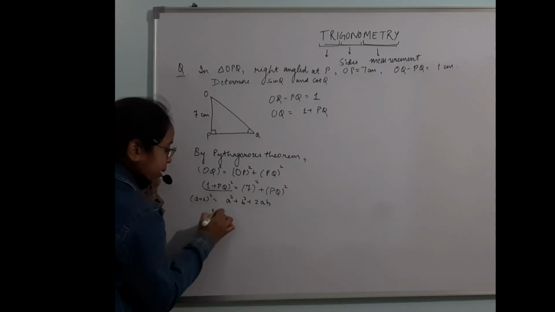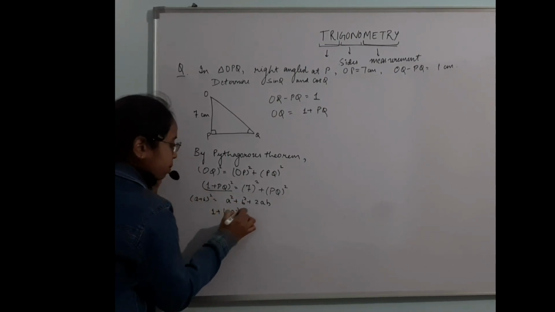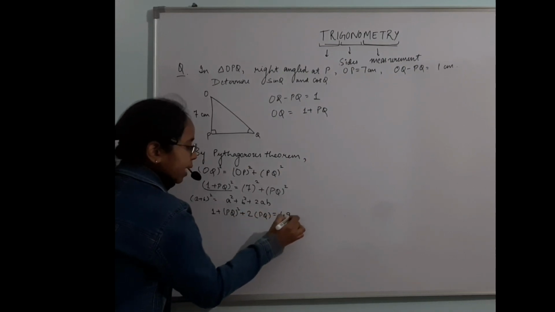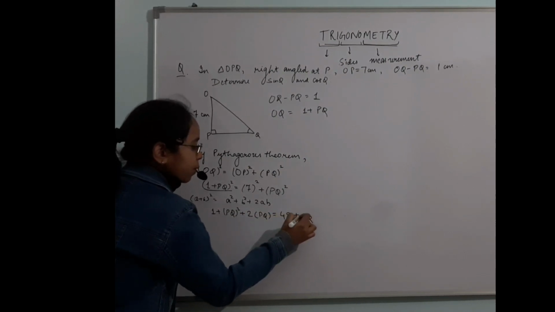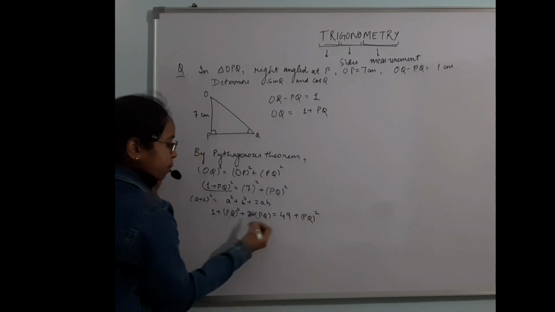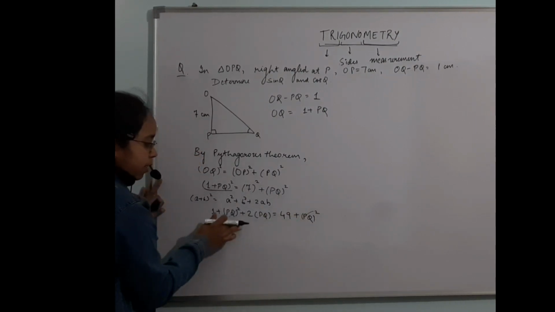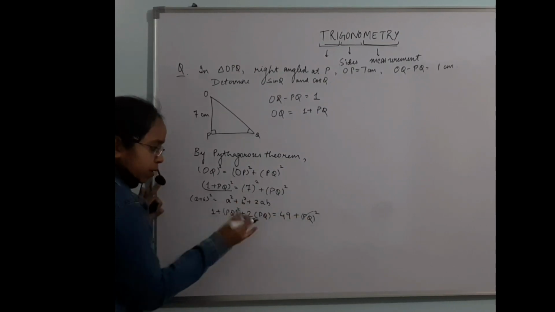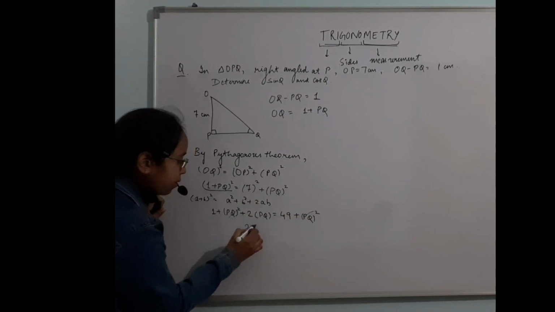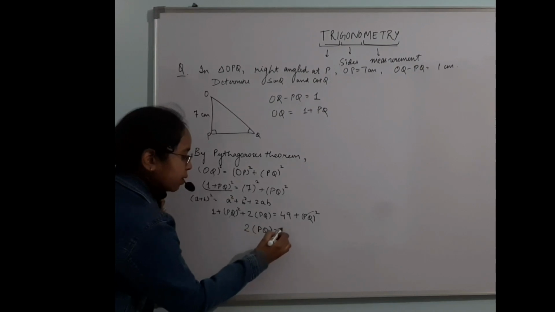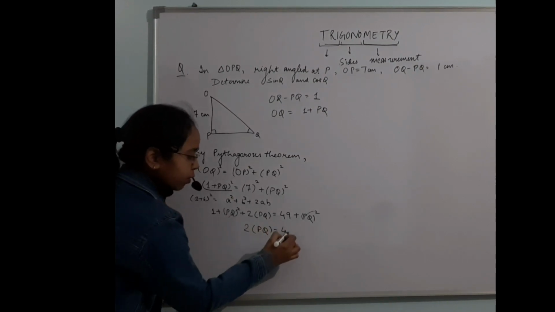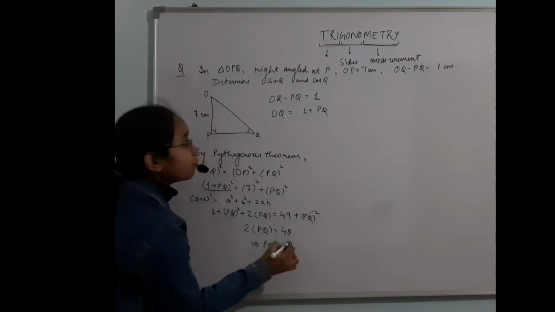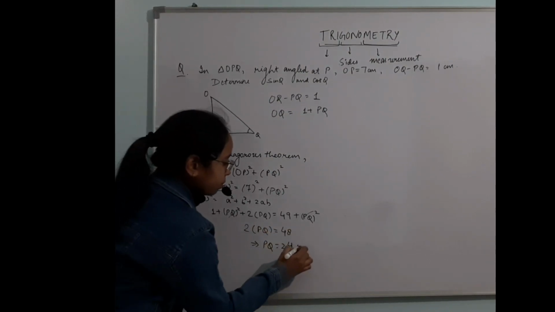So 1 plus PQ square plus twice of PQ equals 49 plus PQ square. We can cancel out PQ square. It will come to this side, the sign will be changed, negative, so positive and negative are cancelled. From here we get twice of PQ is 49 minus 1, 48, and our PQ is 24 centimeter.